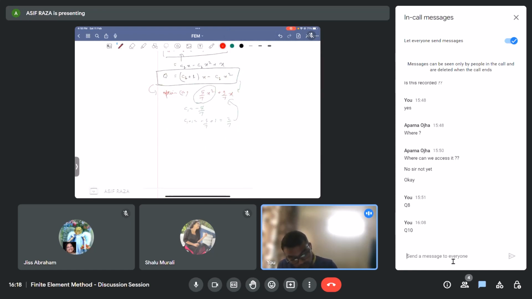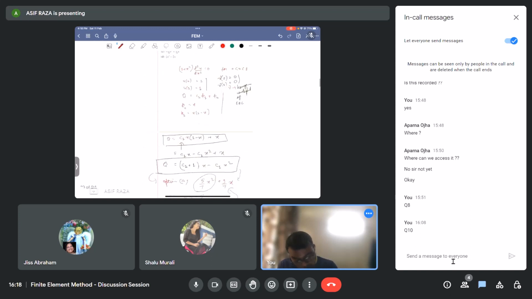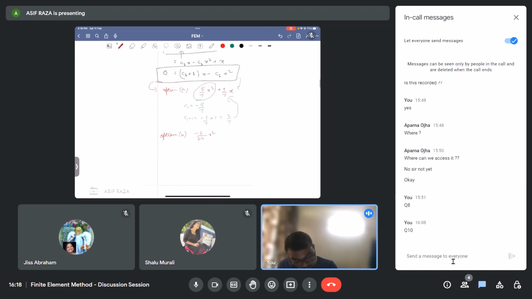I'm trying to eliminate like this, then we'll go with the actual procedure as well. Second option is minus 5 by 24 x square plus 29 by 24x. So we have C1 equal to minus 5 by 24.